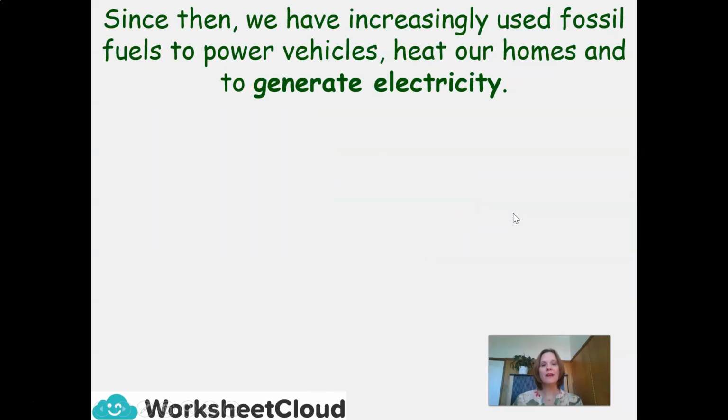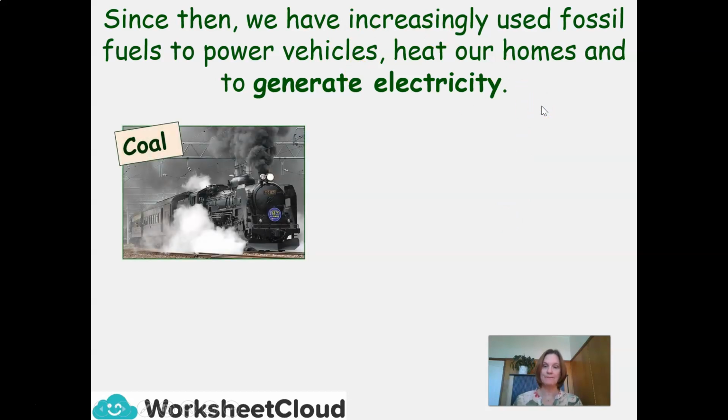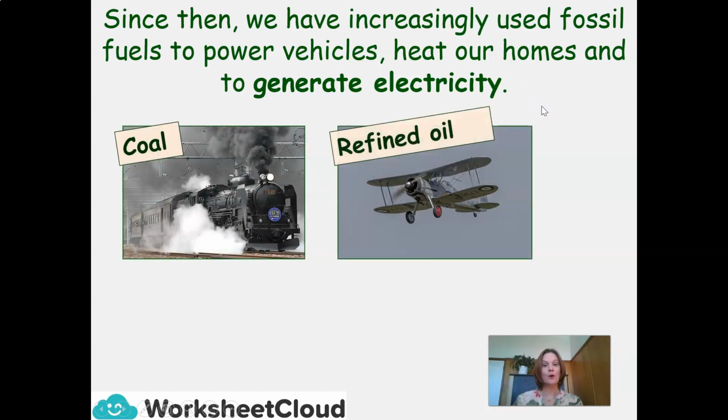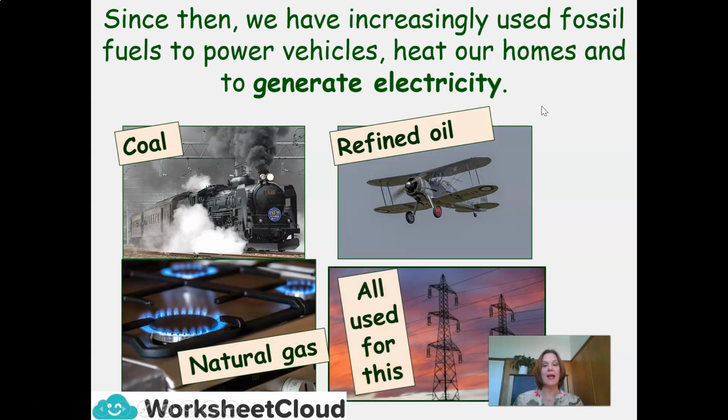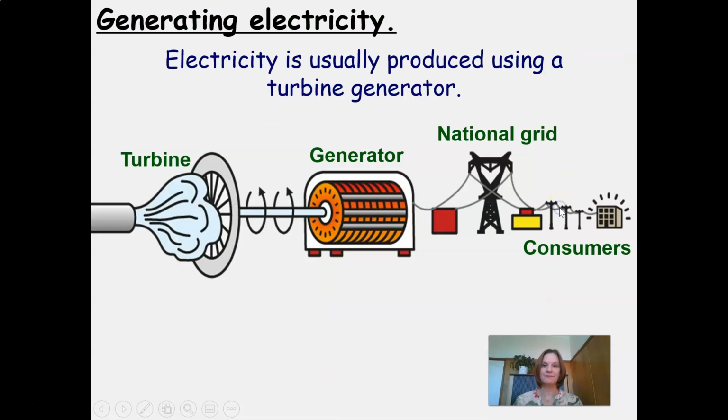Since then, we have increasingly used fossil fuels to power vehicles, heat our homes, and to generate electricity. We have coal, we have refined oil, we have natural gas, and all for this. It now comes through our power lines and into our homes.